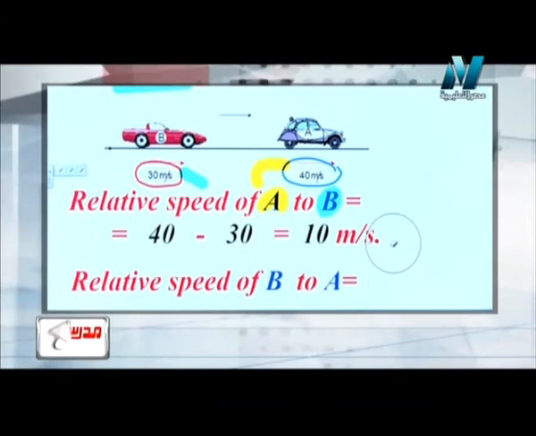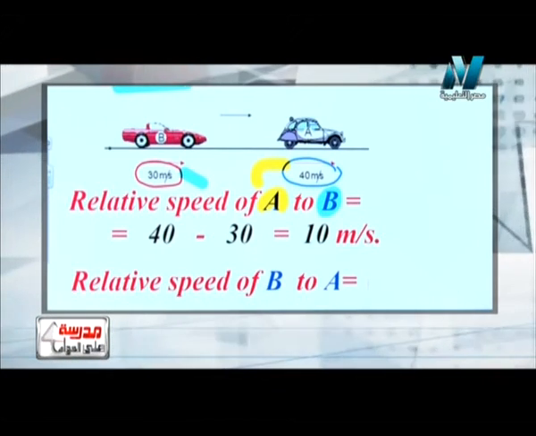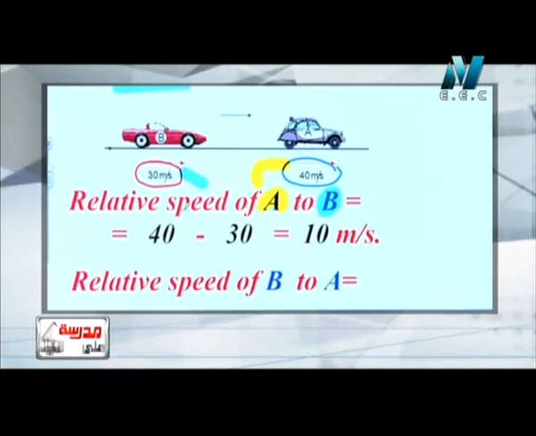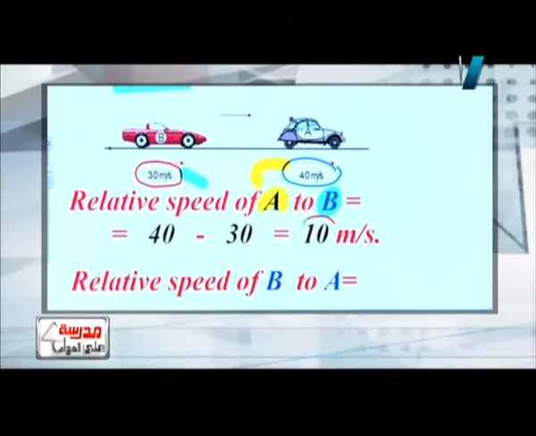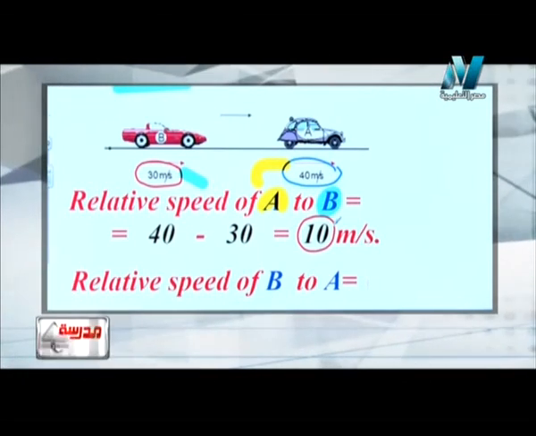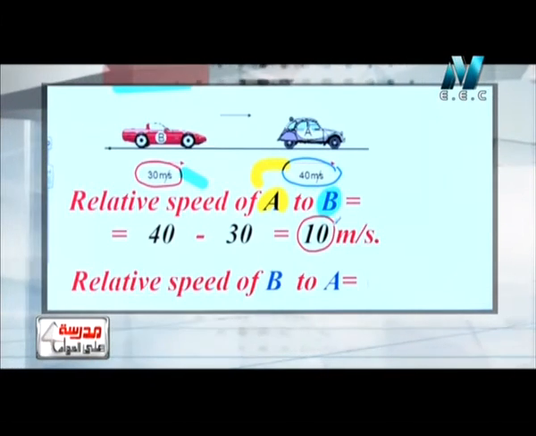So the relative speed of car A to car B, سرعة A بالنسبة ل B, is 10 meters per second. Why? Because we subtract 40 minus 30, which equals 10 meters per second.